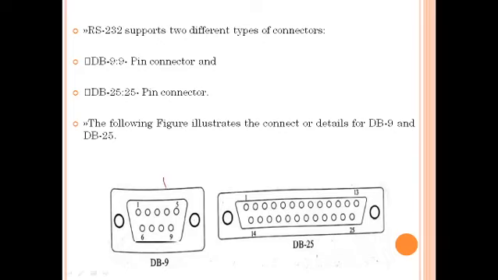This is a DB9 pin connector and this is a DB25 pin connector, which has 25 pins, while DB9 has 9 pins. Usually the DB25 is found on the system, and DB9 is the other terminal of the RS-232 cable, which can be used to connect with the subsystems. This cable is used in the microcontroller lab to connect the system and the microcontroller.